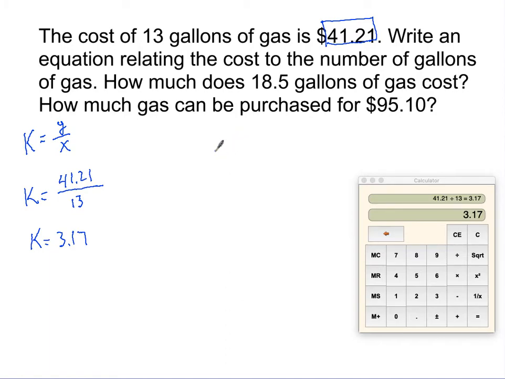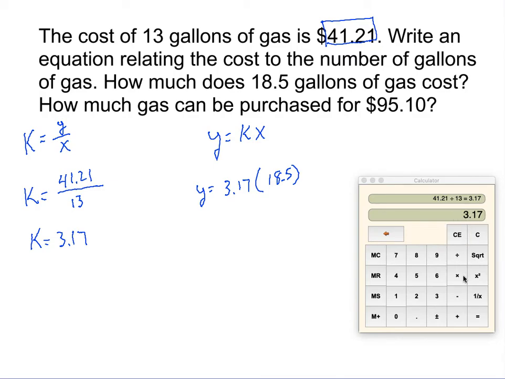Okay, so now I use my other equation. My other equation is very similar to the first one. Y equals K times X. And I want to know, how much does 18.5 gallons of gas cost? Well, 18.5 gallons was our X value, because the gallons went on the bottom. So Y equals the rate, 3.17, times the gallons, 18.5.